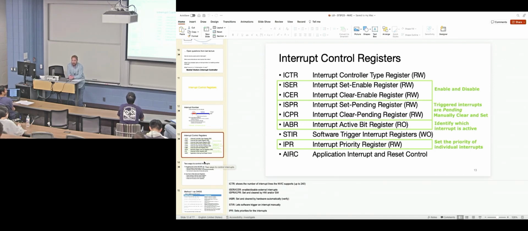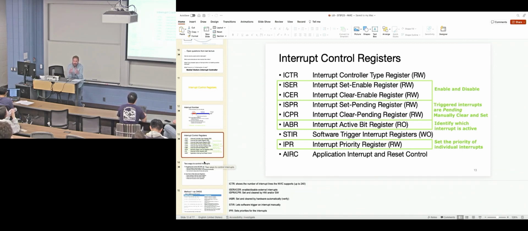Yeah? So the NVIC isn't in the core? NVIC is not in the core. NVIC is part of the core, yes. Okay, on that diagram, it's kind of in the core. Well, I don't know how we're going to define what the core is, but we can say it's in the core, it's fine. Okay. It's part of the RTL, which I don't even know what RTL stands for, register-transfer language or something. It's part of the code, the artifact that you get from ARM.